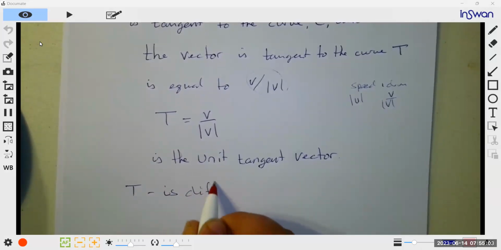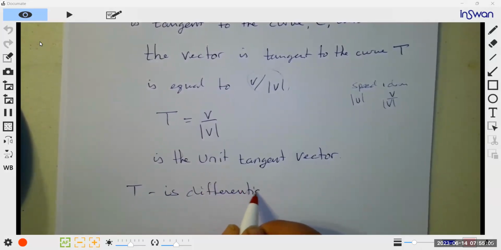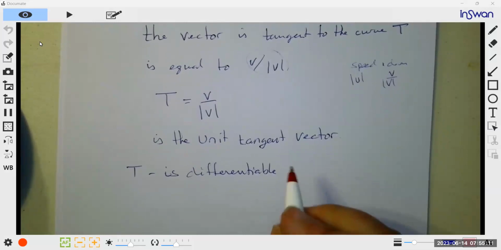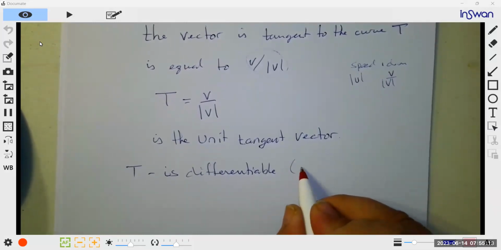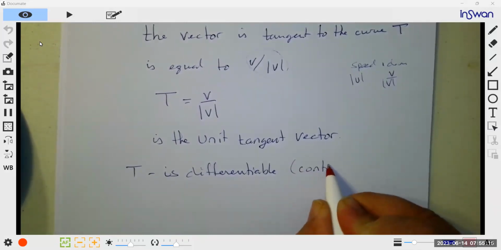T is differentiable, which means it's continuous.